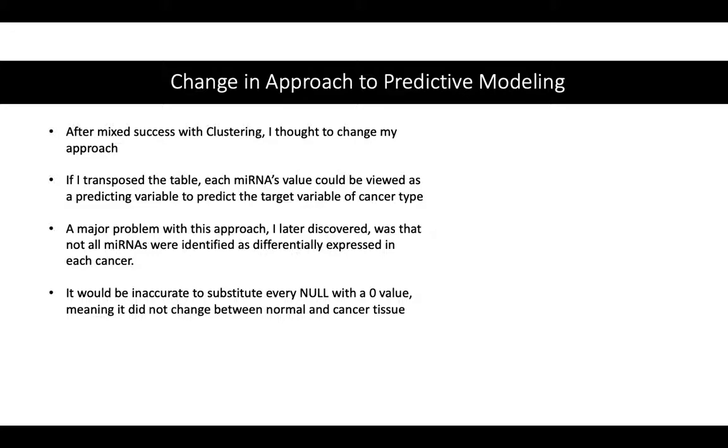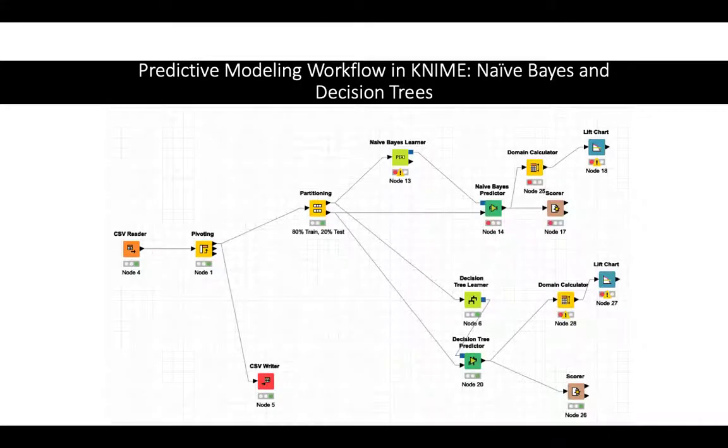A major problem I discovered with this approach was that not all microRNAs were identified as differentially expressed in each cancer, and it would be inaccurate to substitute these null values with a 0, which would mean it did not change between normal and cancer tissue. Instead, it's an unknown. So this would be, if the data worked, my proposed workflow for predictive modeling using naive Bayes and decision tree classifiers.